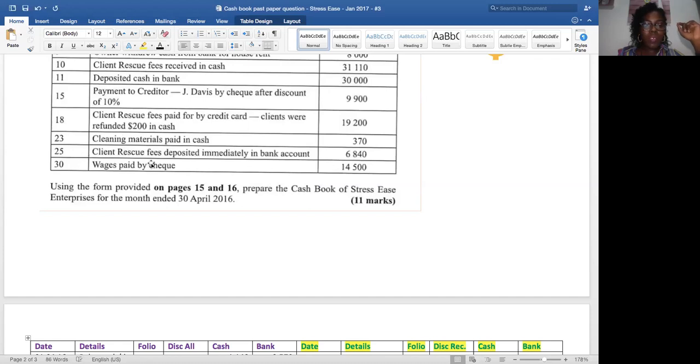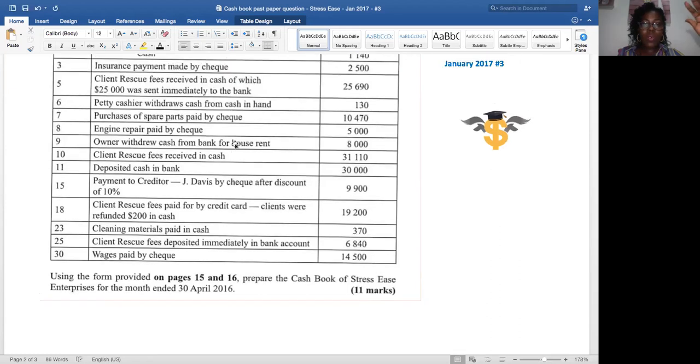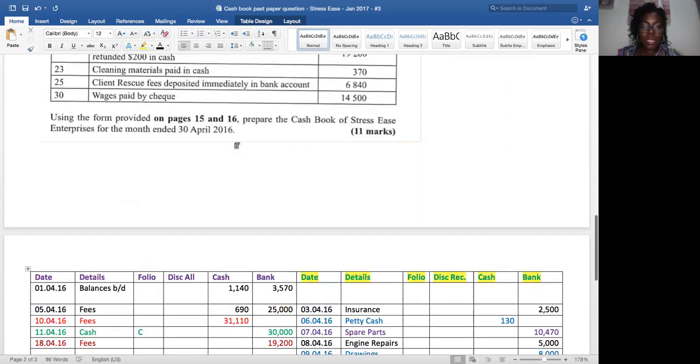On the 25th, the client rescue fees deposited immediately in the bank account. So we got the cash and it was deposited immediately in the bank account. Once you see that immediately, and I saw a lot of questions with that over the time, deposit that amount in the bank account one time.